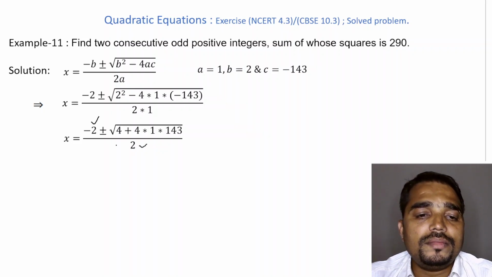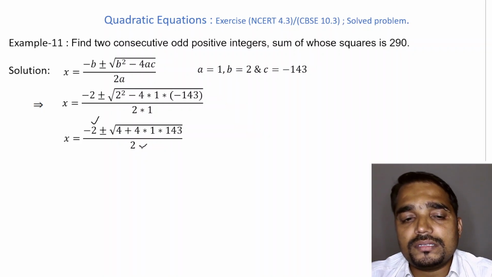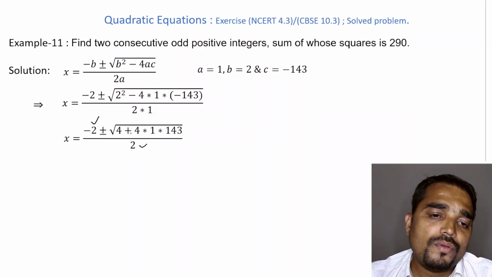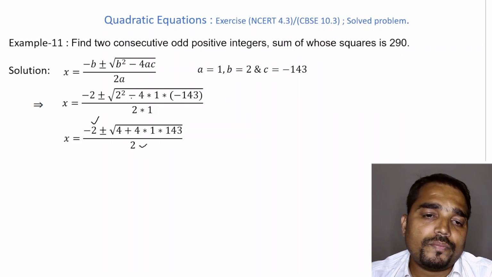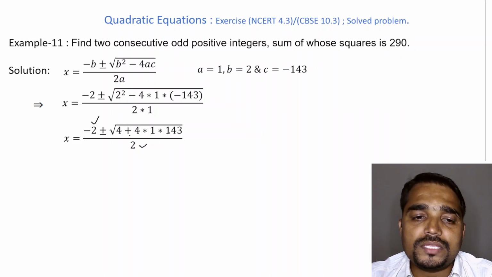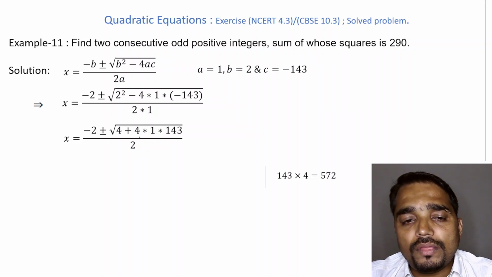So these would remain. Before simplifying with these terms, we will have to simplify the square root term, that is 4 plus, so minus into minus is plus, 4 ones are 143. In order to simplify, 4 into 143 is 572.